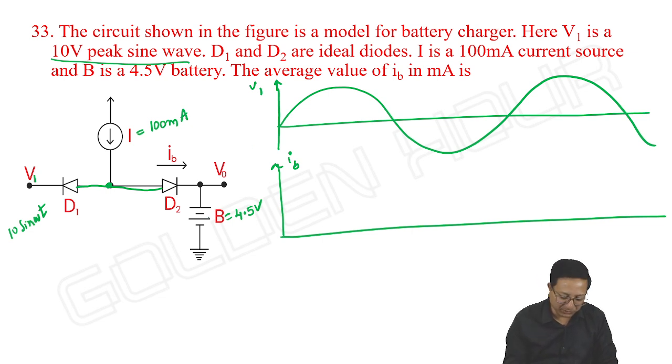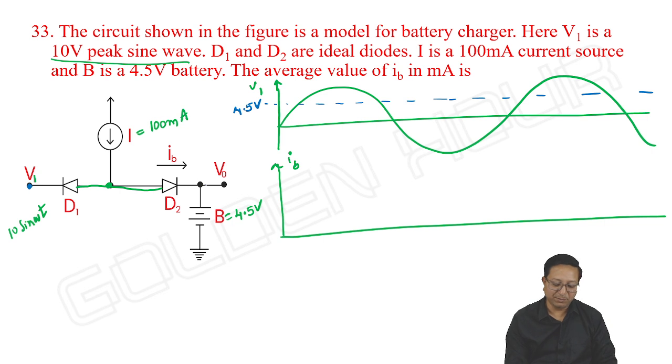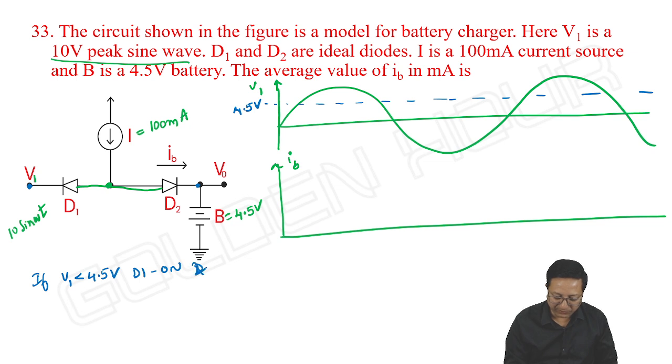As long as the input V1 is less than 4.5 volts, the cathode of D1 will be at lesser voltage compared to the cathode of D2, so D1 will be on. So if V1 is less than 4.5 volts, then D1 is on and D2 is off.